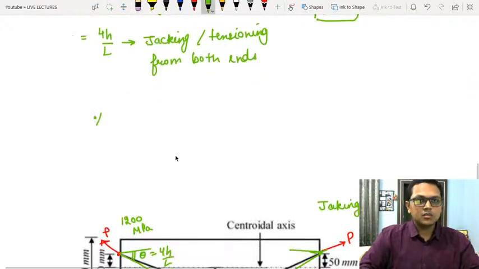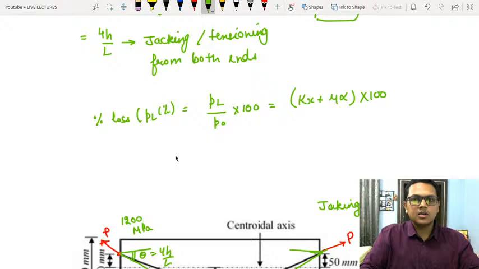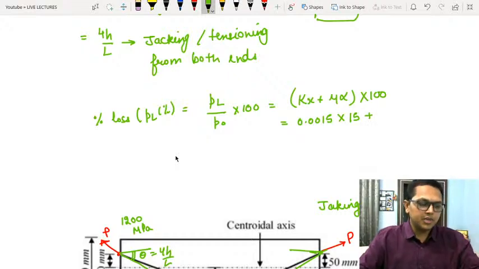So, percentage loss, or PL percentage, is equal to PL divided by P naught multiplied by 100, which is equal to (Kx plus mu alpha) multiplied by 100. K is given as the wave coefficient of wave effect, that is 0.0015 per meter length multiplied by the length L, that is 15 meters, plus mu, the coefficient of friction, that is 0.35 given in the question, multiplied by alpha.